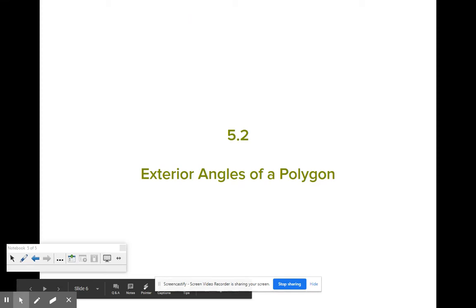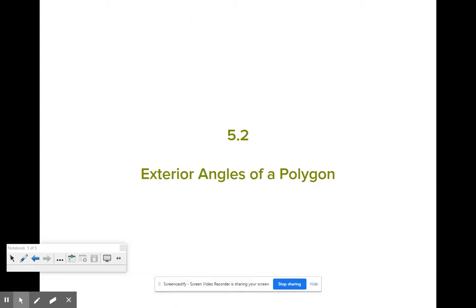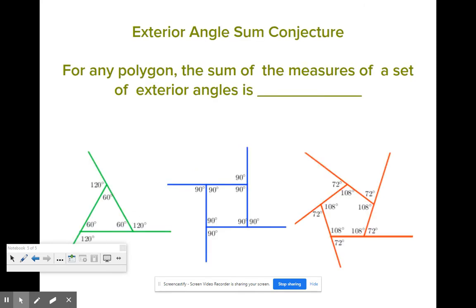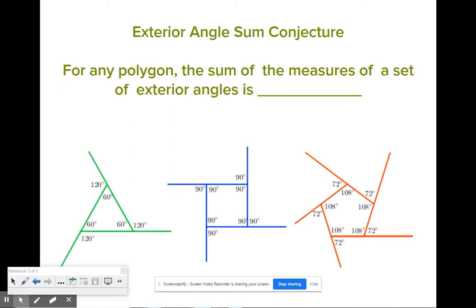All right, today we are going to be talking about the exterior angles of a polygon. So we start with the exterior angle conjecture. For any polygon, any of them, the sum of the measures of all exterior angles, all of the exterior angles added together, is going to be 360 degrees.